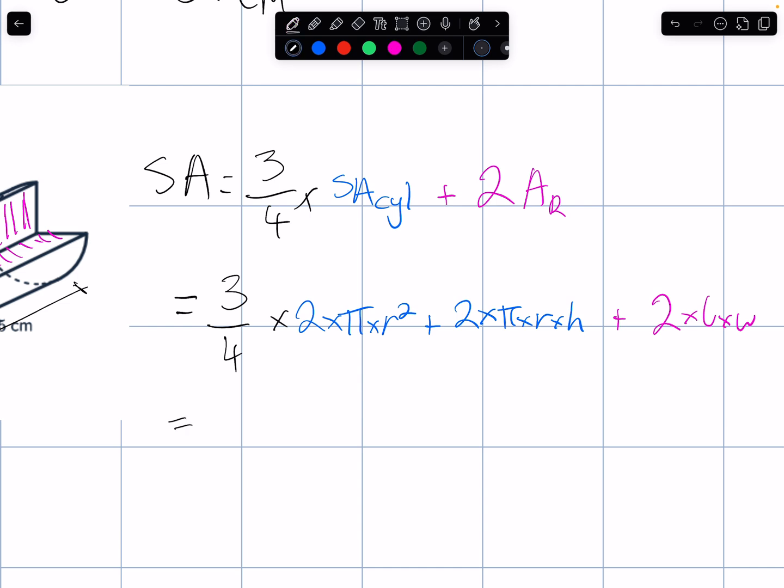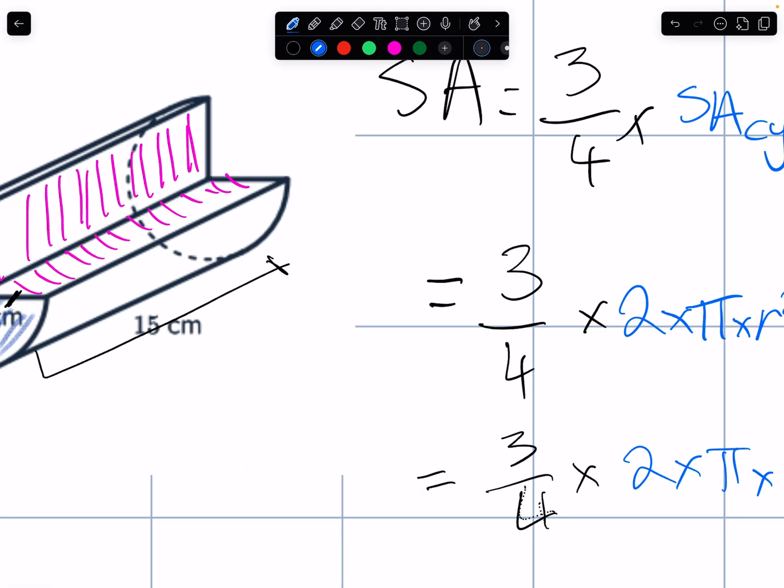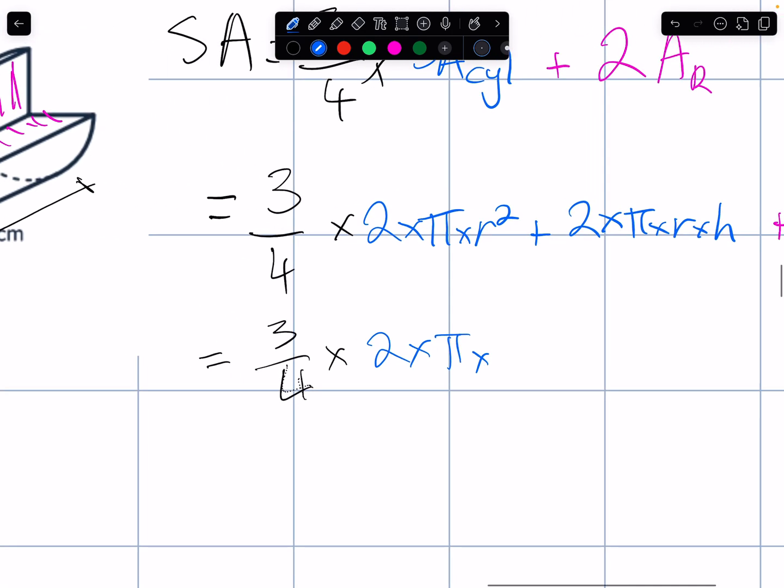Now we can substitute in all of our values. So 3/4 times 2 times pi times our radius, which is stated as 5.